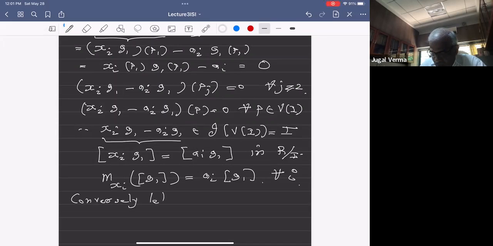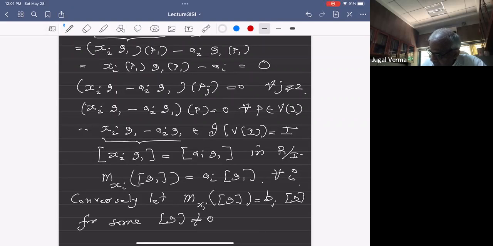Conversely, suppose I have a common eigenvector, for some non-zero eigenvector, and eigenvalues are, say, b_i, which are complex numbers.